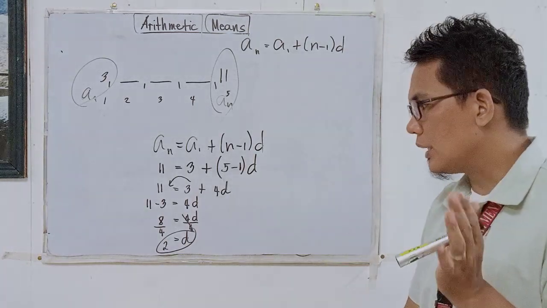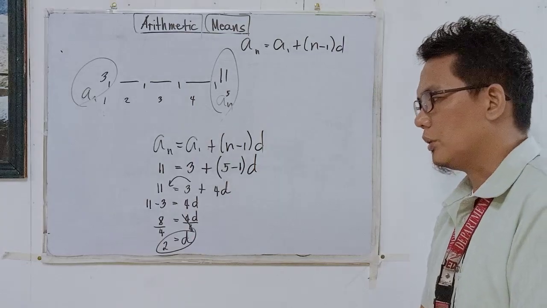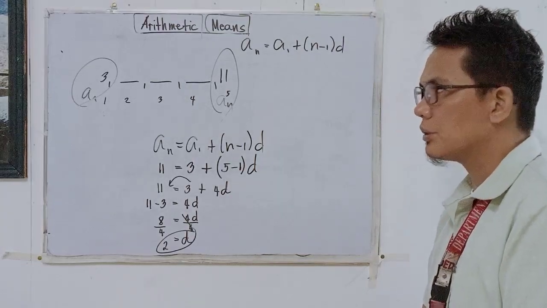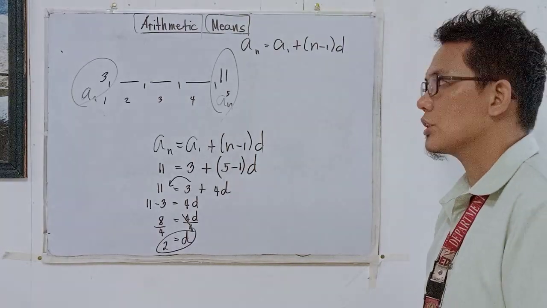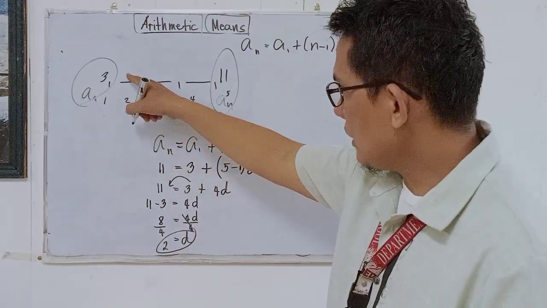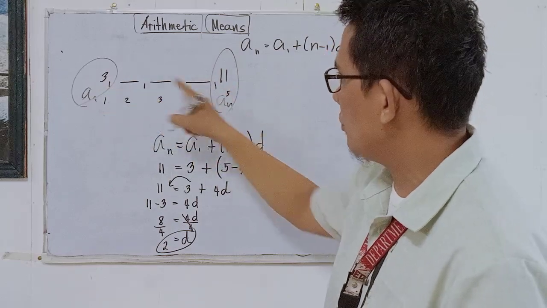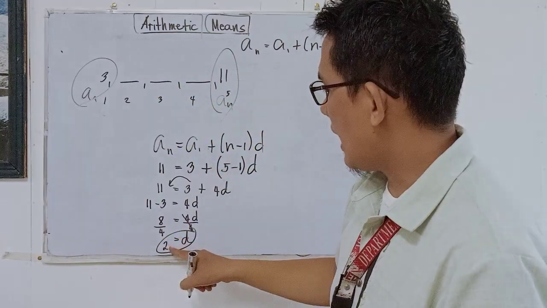And the next question is, how are we going to use the common difference? What we're going to do is add it to our first term. So the first arithmetic mean of 3 and 11 that will be inserted is the first term added by 2.